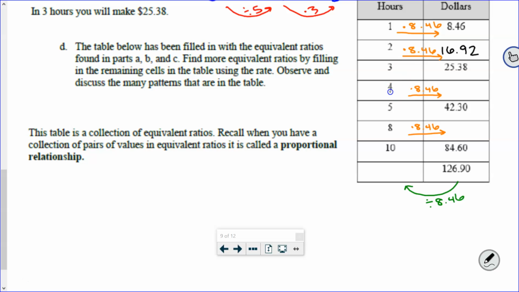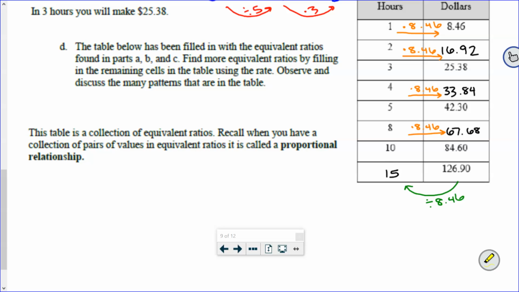And 4 hours. Sam. You got it. And 8 hours. Bryn. $67.68. And now Trinity, $126.90 would be 15 hours. Yep, we got our calculations. Now our table is complete.